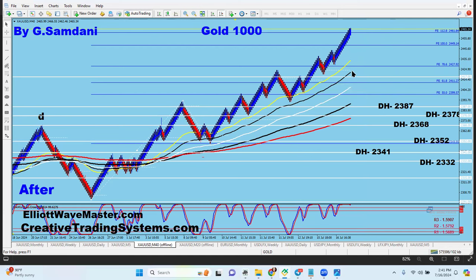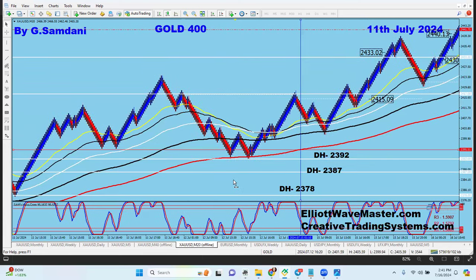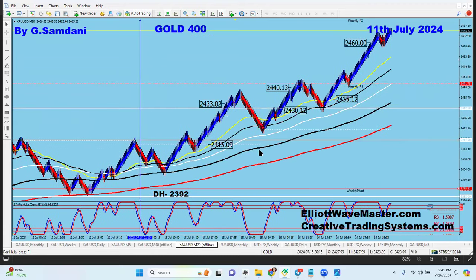I usually don't do that. I'm good with 200 or 150 box size. But I just took the 40-minute, 400 box size entry as well, just to show that that also works very good. So here was the 40-minute 400 box size chart, and this was the entry.